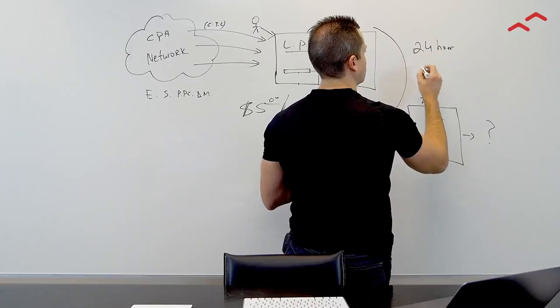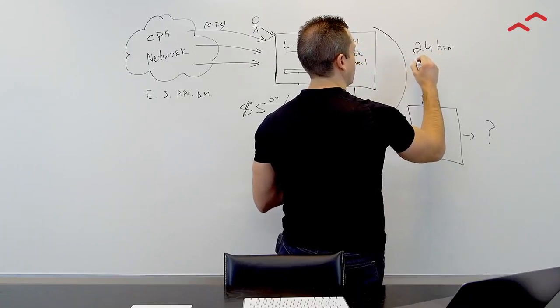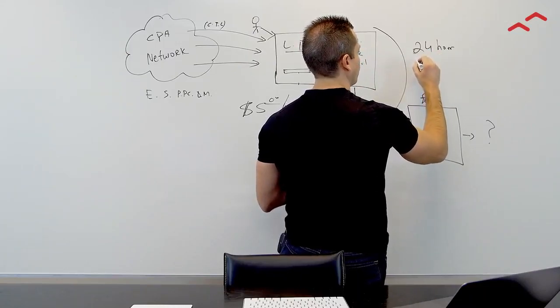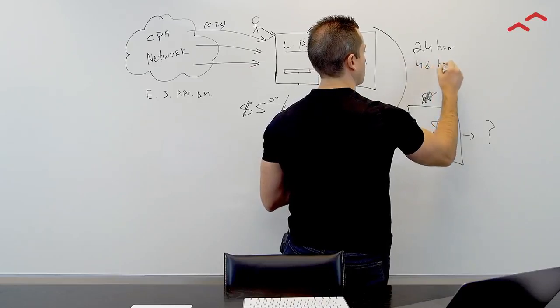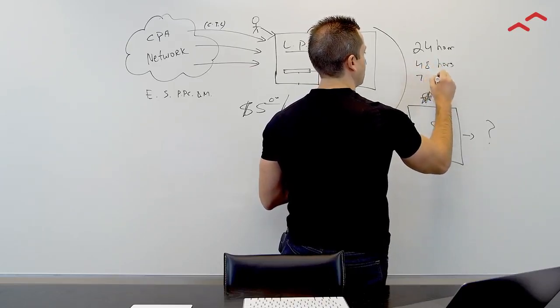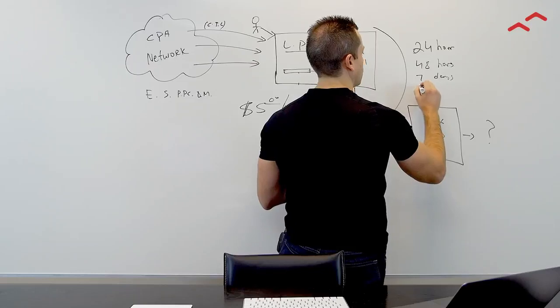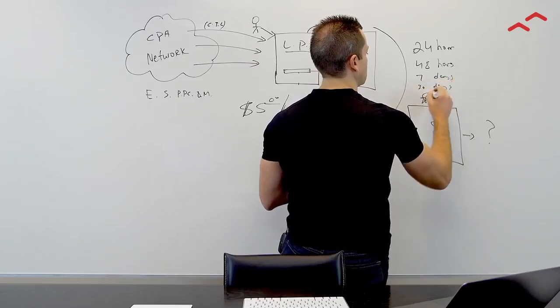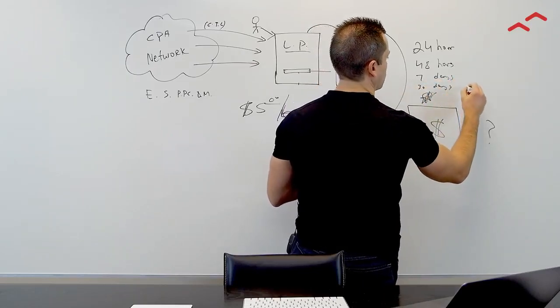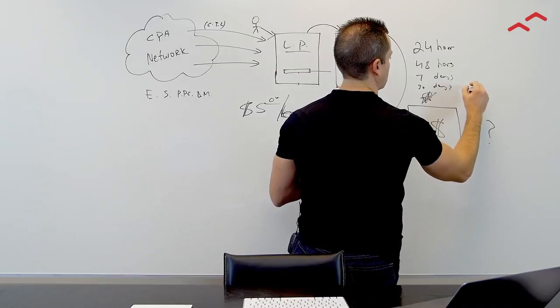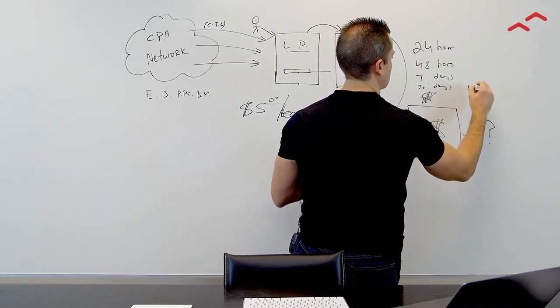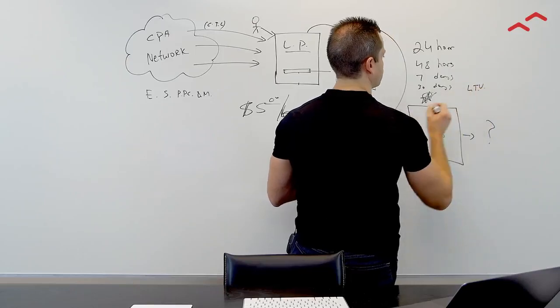Okay, 24-hour conversion. I'm going to go for 48-hour conversion. All right, I'm going to go for 7 days. I'm going to go for 30 days. All right, and I'm going to go for probably lifetime value, okay?